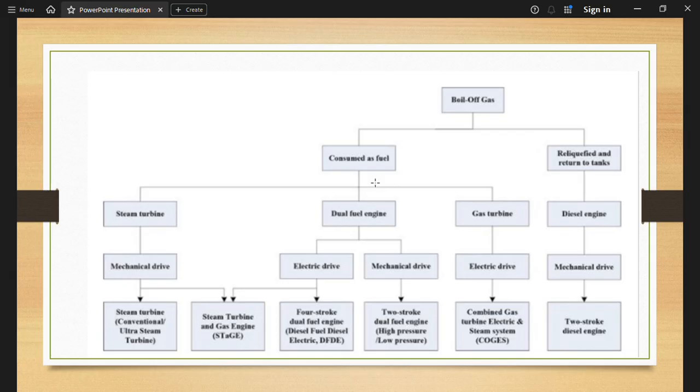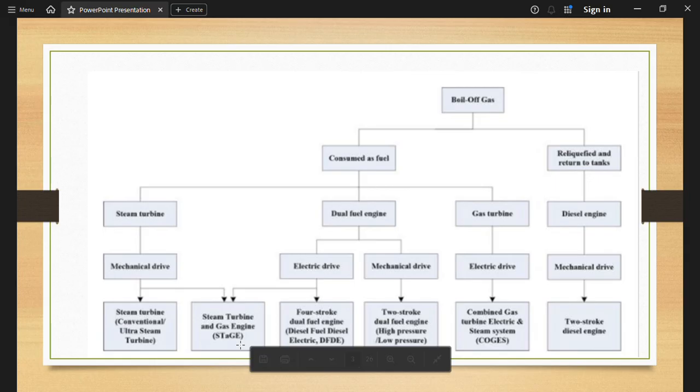The boil off gases consumed as fuel will either be used by the steam turbine, where we have mechanical drive, a conventional steam turbine or ultra steam turbine, that is UST. Or we will have the steam turbine and gas engine, that is STAGE.